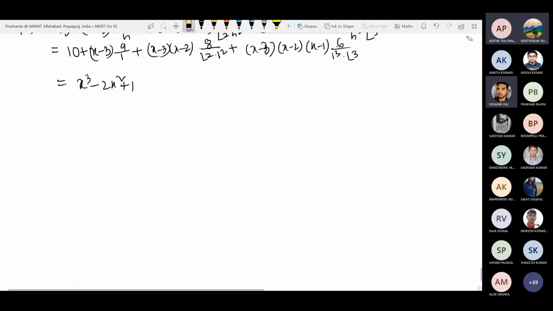Suppose you are given some set of data points and they are distributed in this manner. So these are the data points. This is x naught and the last data point is xn.